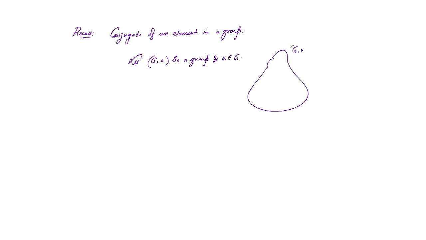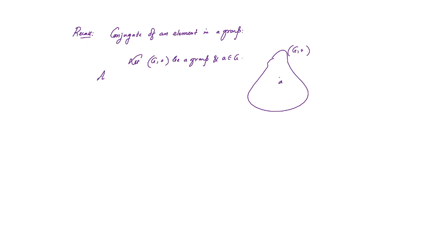What should be the definition here? Let G be a group, and A belongs to G. So you are given a group G and A is an element of G.